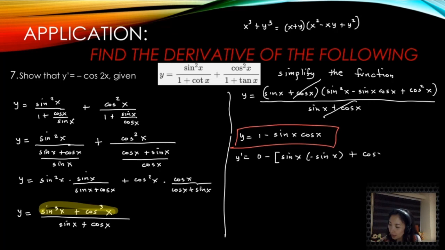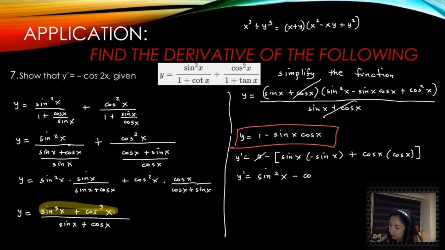Cosine x times the derivative of sine x is cosine x. We may disregard the 0. Negative, negative will be positive sine squared x. How about the second? Negative and positive will be minus cosine squared x.